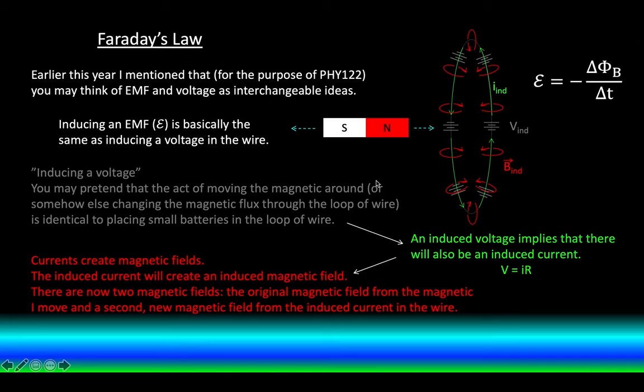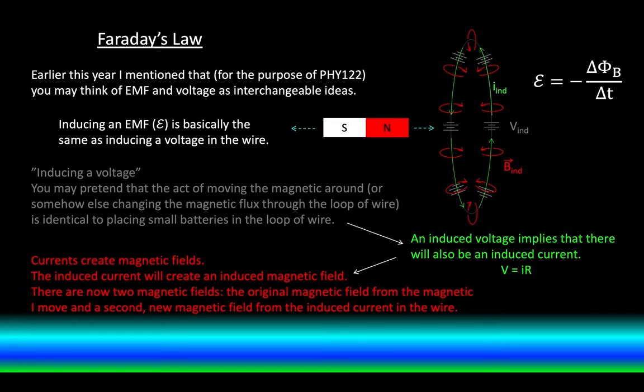That is the magnetic field created by this bar magnet that I'm moving around in the picture. And I have an induced magnetic field. This induced magnetic field will be created by this induced current that's flowing around the wire. In my opinion, this PowerPoint slide was the important PowerPoint slide from the first part of this chapter.